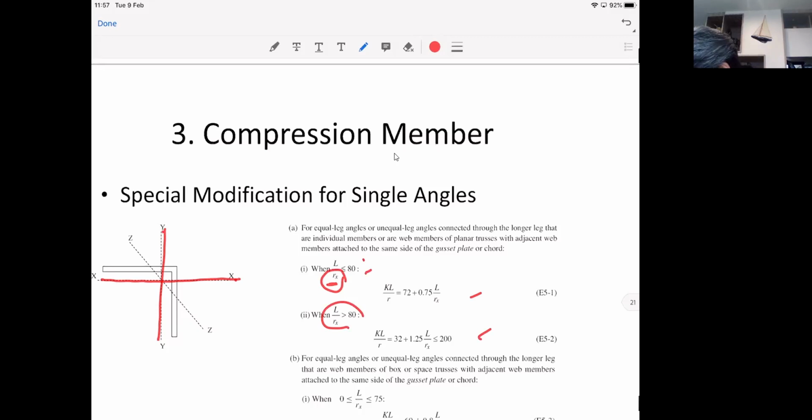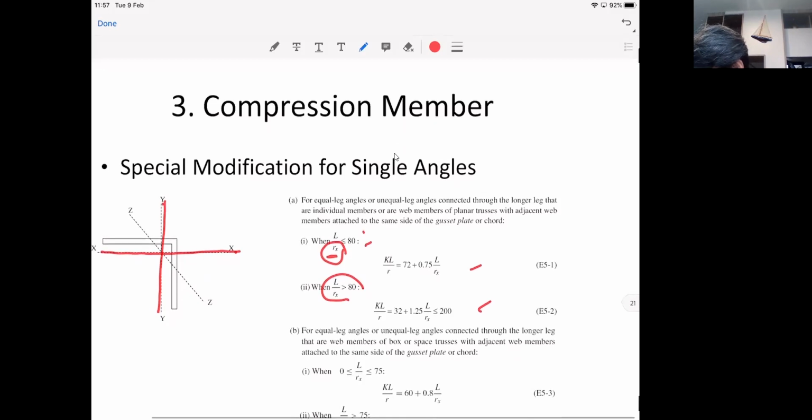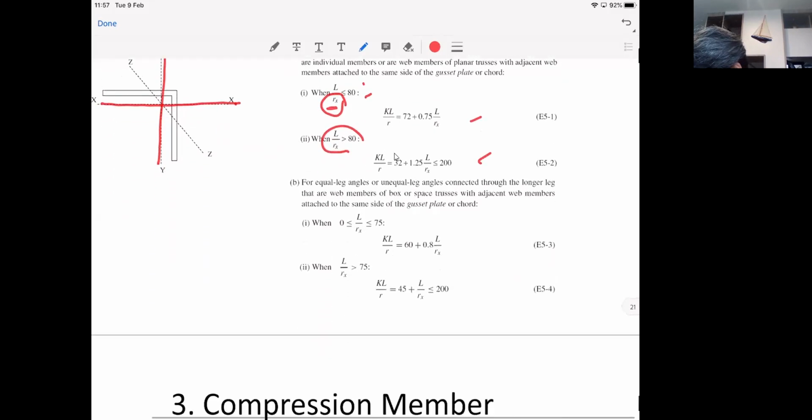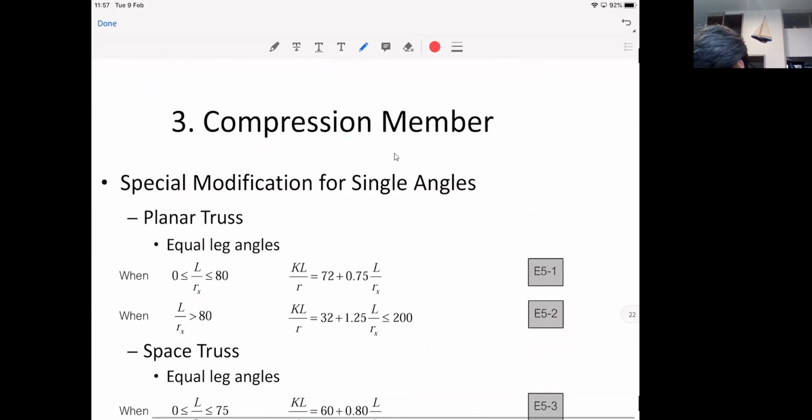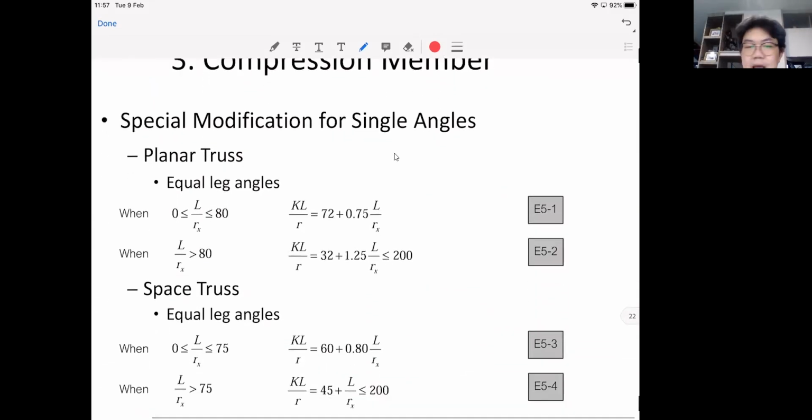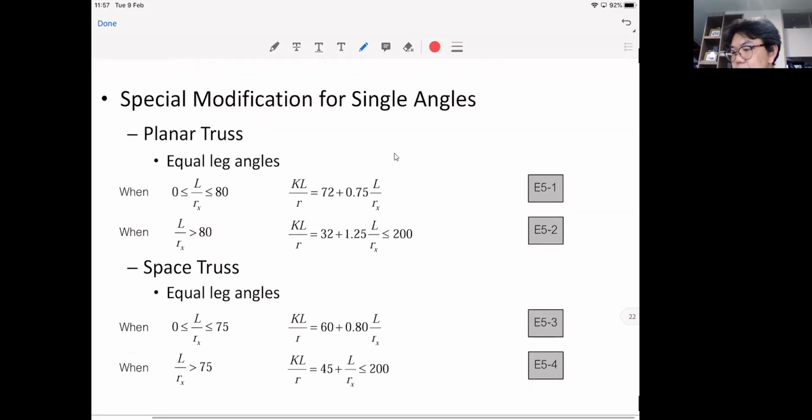Okay, and this set is done like that. So I take this out of the specification and summarize for you. For equal leg angle of the planar truss, that is truss in 2D, we have this modification depending on the ratio of KL over R, of L over Rx.